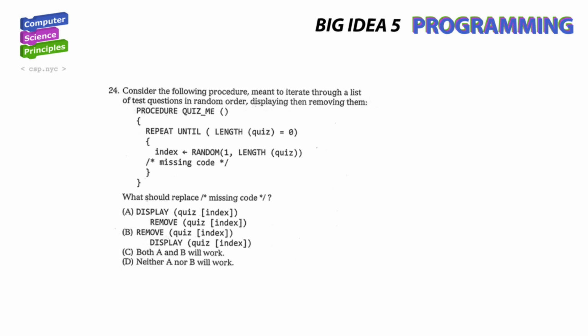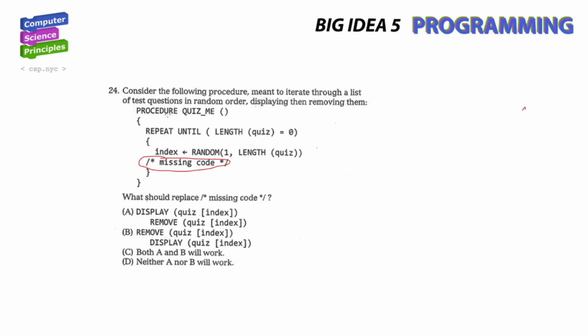Okay, 24 is here. So let's take a look. In 24, we're told to consider all of this stuff, and it's meant to iterate, to go one by one through a list of test questions in random order, displaying them and then removing them. So it says, what should we replace the missing code with?